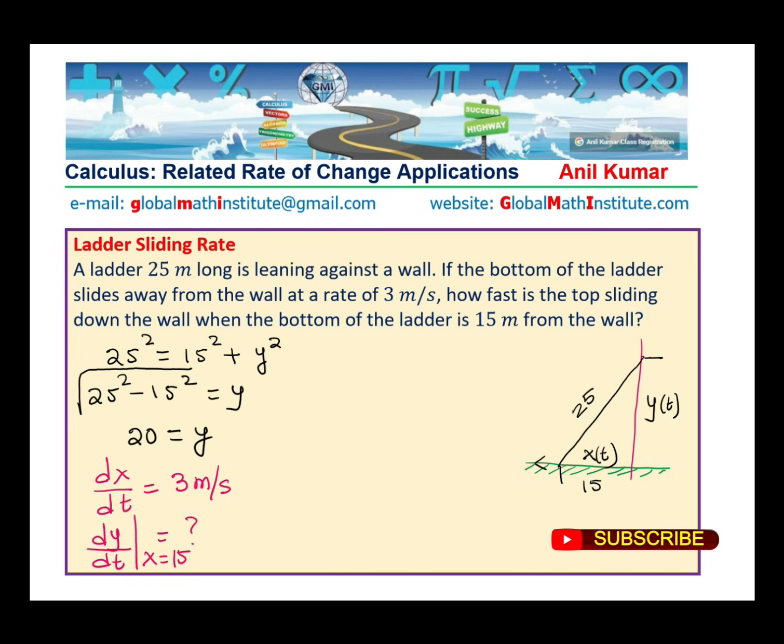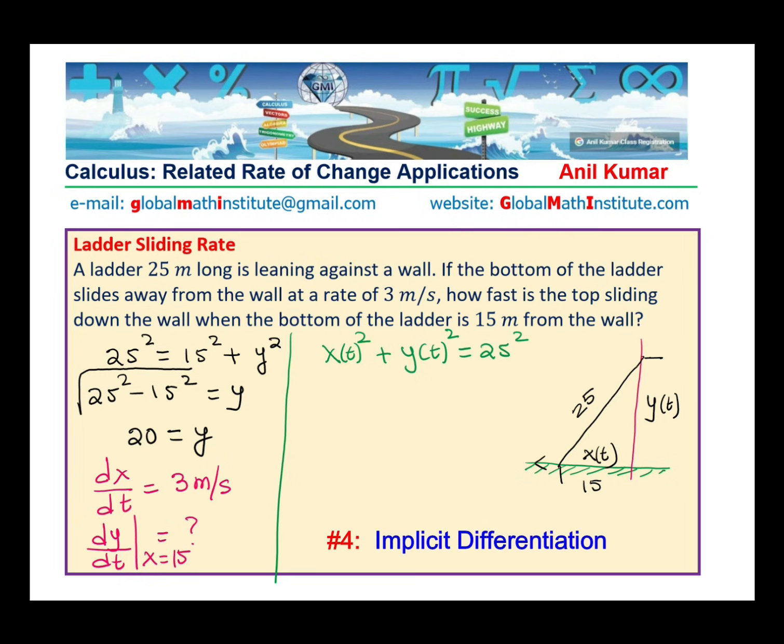So in the given situation, we need to first write down how these parameters are related. 25 is constant, so we know that x(t) squared, the horizontal distance, plus y(t) squared should be equal to 25 squared at any instance of time.